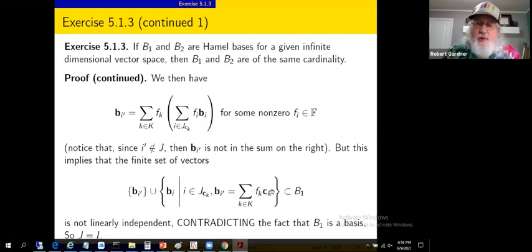So you can't have linear dependence on a finite subset, and that's how linear independence is defined in general. So we've contradicted the linear independence by establishing a linear dependence. Well, it's a contradiction, so what we assumed must be wrong. We assumed J and I were not equal. So now we can draw the conclusion that J equals I.